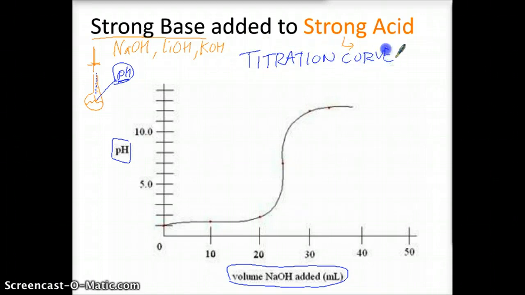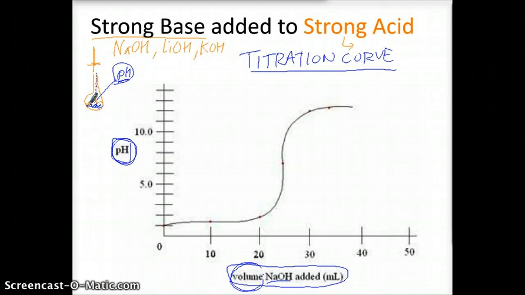Titration curves always have pH on the y-axis and volume on the x-axis. It might be volume of base, or volume of acid, depending on what's in your beaker when you're doing your titration.